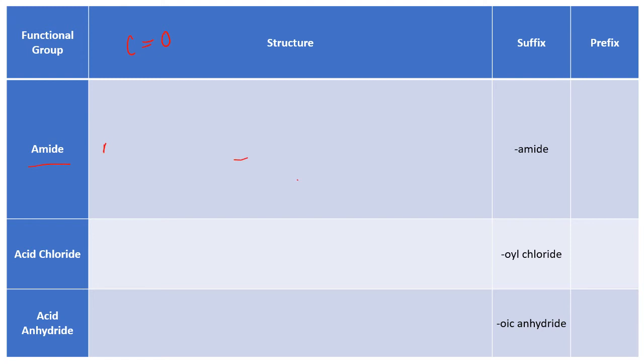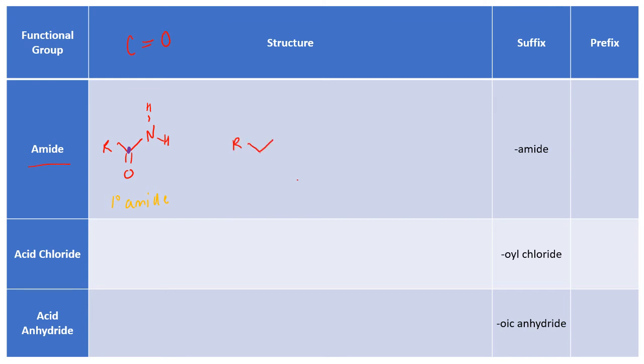So, for example, if we have some R group, and then we have our carbonyl carbon, and then off of our carbonyl carbon we have a nitrogen, and let's say our nitrogen is bonded to 2 hydrogens, so NH2 there. Looking at our carbonyl carbon, that's the only carbon that's directly attached to the nitrogen. So this would be an example of a primary amide. We got 1 carbon, and that is the carbon of the carbonyl.